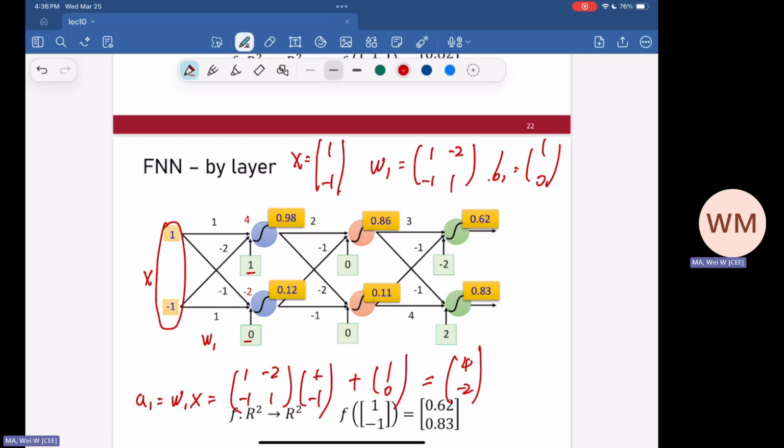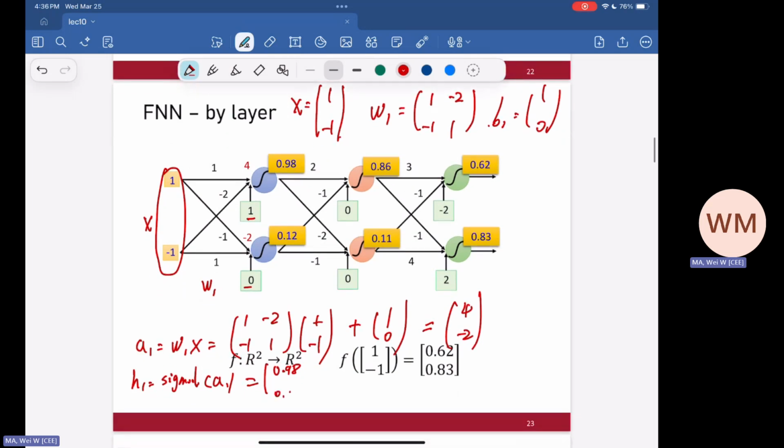Then you directly input A1 into the sigmoid, and you get 0.98 and 0.12.